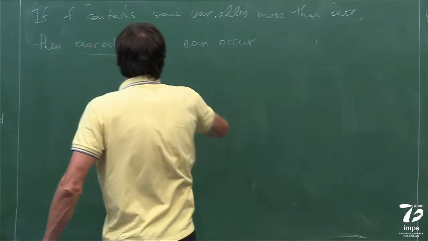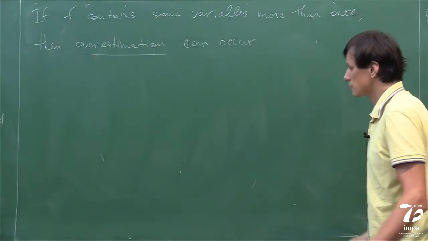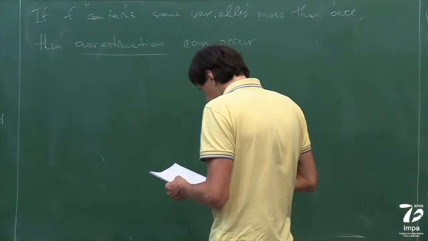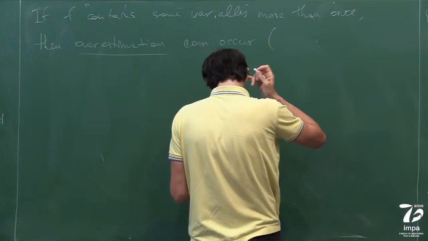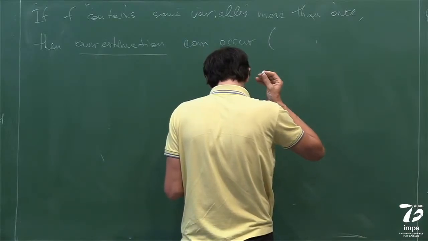This is the overestimation that we had with the example that I just erased. And there is a concept, a name for it: interval dependency.